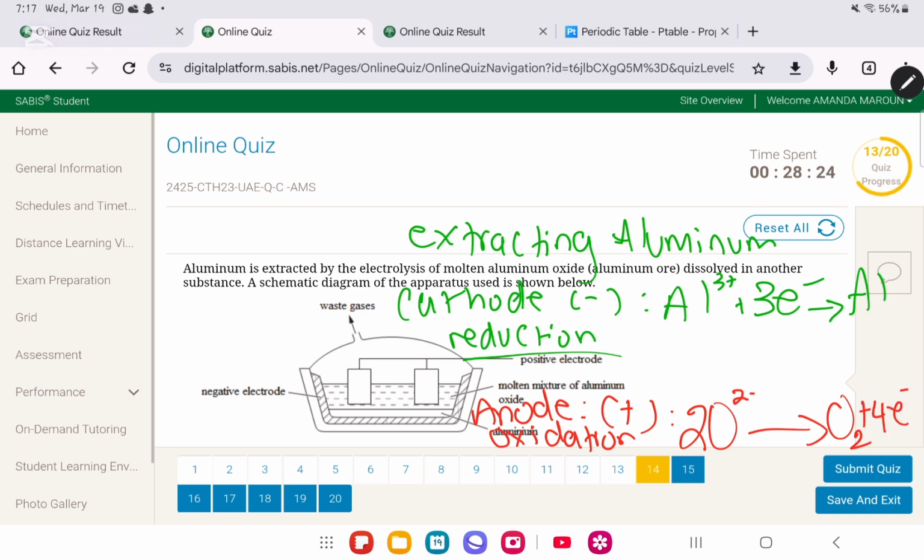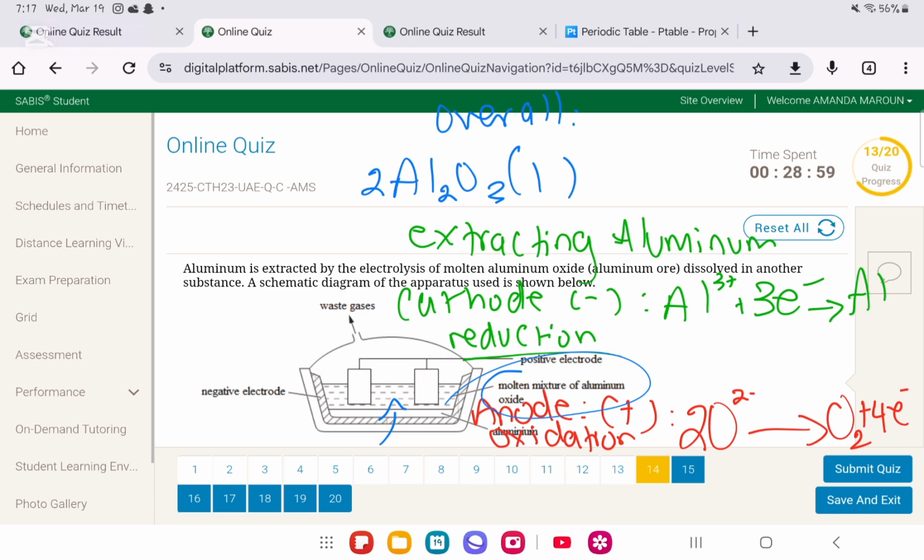And if they ask for the overall reaction, very simply, it's going to be aluminium oxide, the aluminium ore, which in this case is 2Al2O3. It is a liquid because we put it as a molten mixture. So the electrolyte is a molten mixture of aluminium oxide.